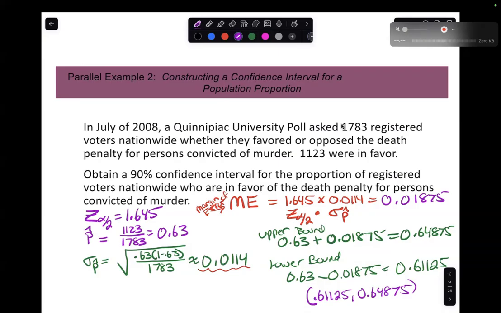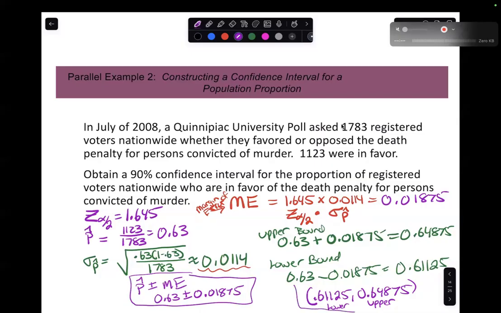The other way is p hat plus or minus margin of error. So it'll look like this: 0.63 plus or minus 0.01875. These are both answers, just two different ways to express it.